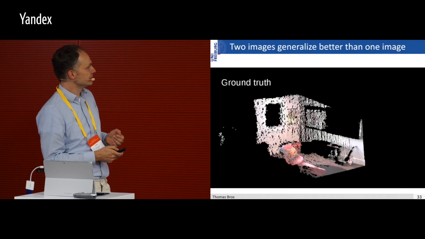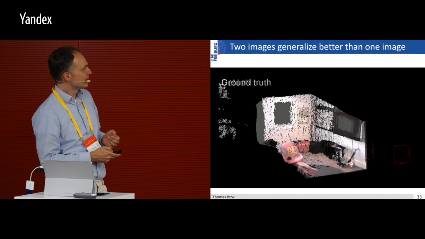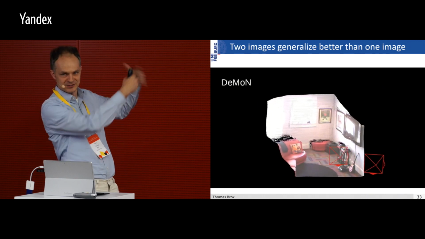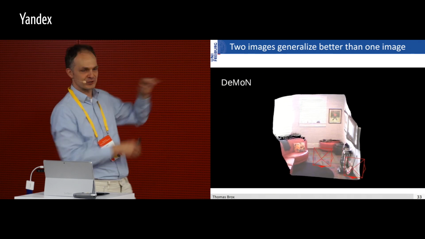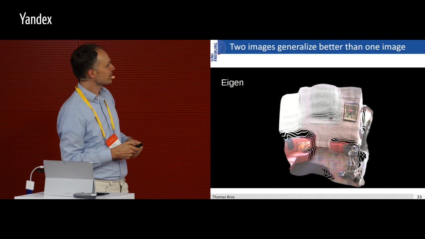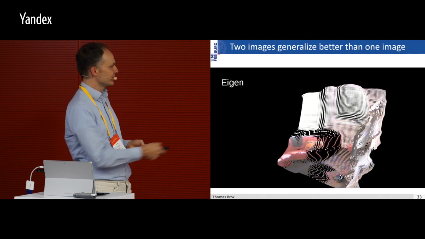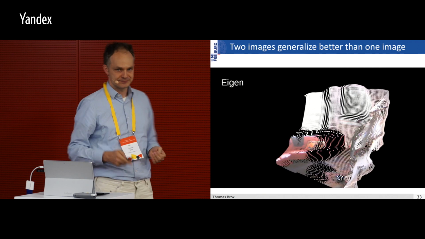So again, you see here the ground truth. Then the Demon method, it even looks better because it's denser than the ground truth, but don't get confused by that. And then this is Eigen's method, which is also good for just a single image, but you see there are quite some distortions here.